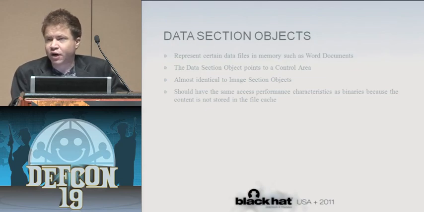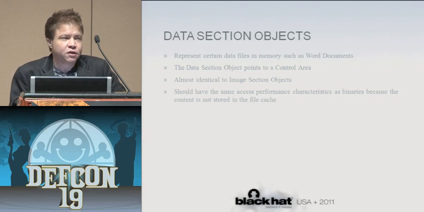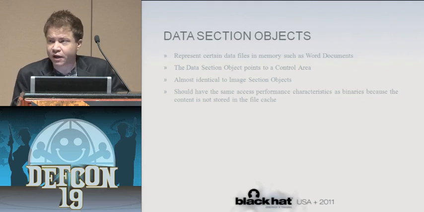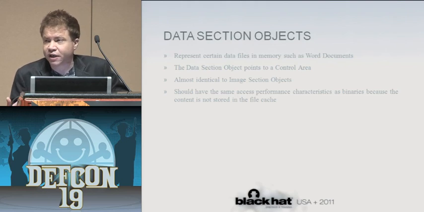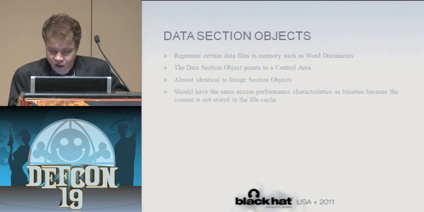It's a shortcut of where to get the data. It's not relying upon the cache, which is somewhat subjective. The OS defines how to load the cache and when to flush it based upon utilization on the system and the number of resources available. Well, if you have a data section object, that's not the case. All your structures are right there. You have quick, immediate access to the data. So I thought that was kind of cool. Maybe Adobe should change how they load their files.